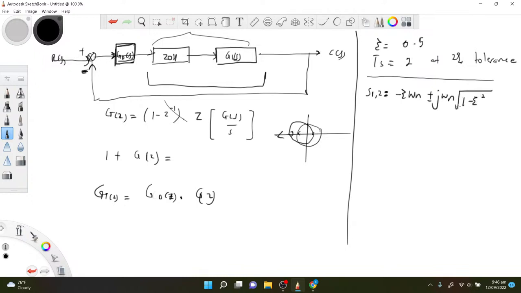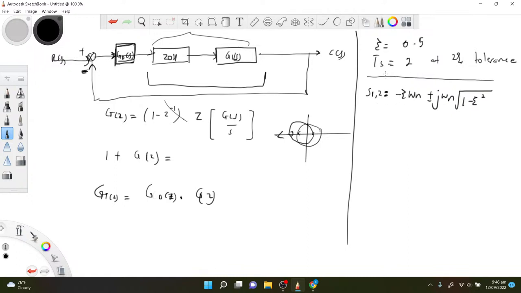We know this, right? So for these specifications, I want to find my roots.